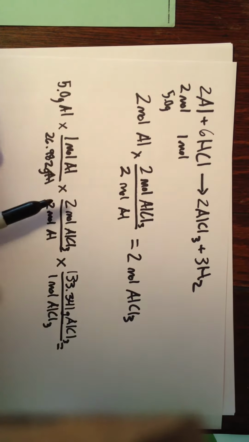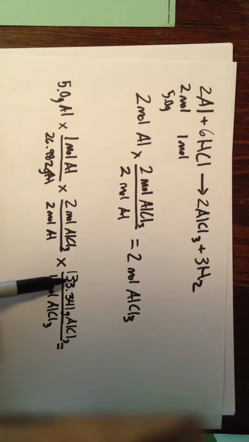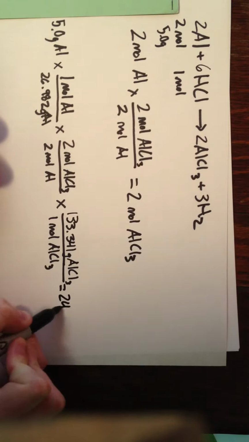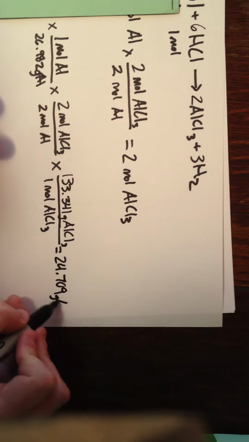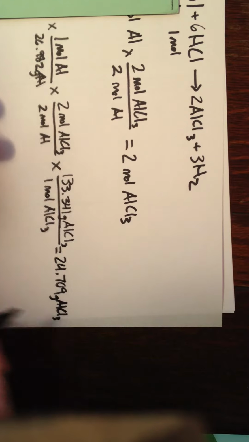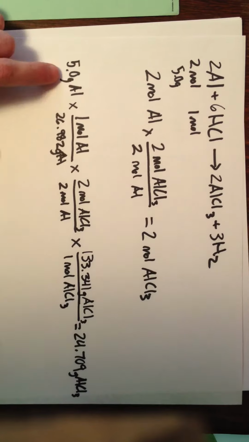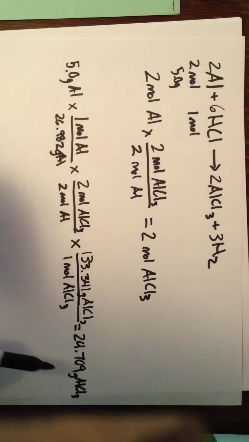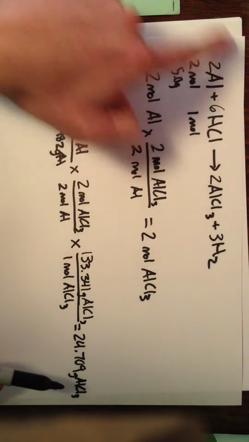Then you multiply whatever you have so far by 133.341, and the grand total comes out to be 24.709 grams of aluminum chloride. So what this is saying is that 5 grams of aluminum creates 24.709 grams of aluminum chloride when it's in this equation.